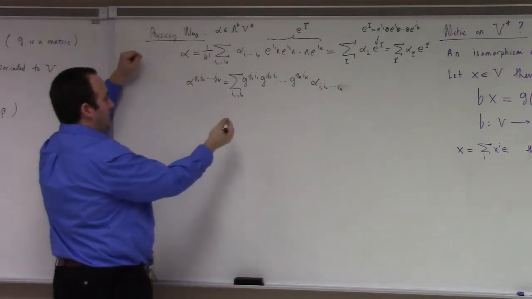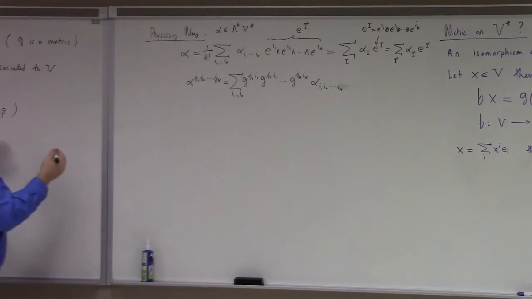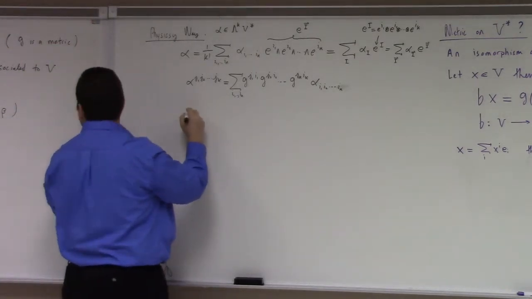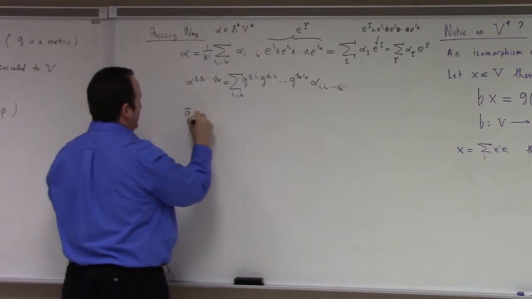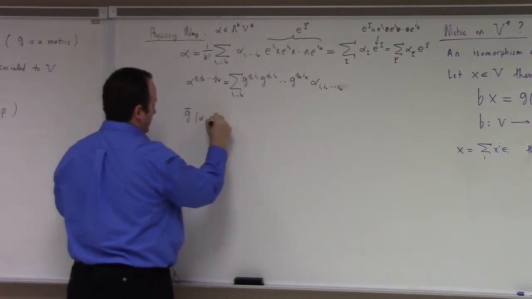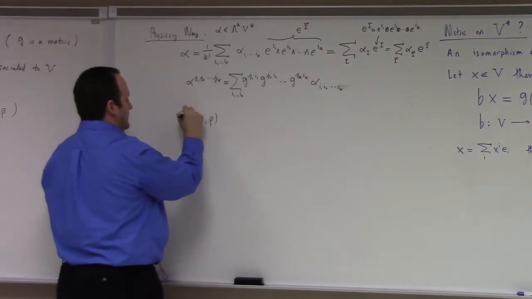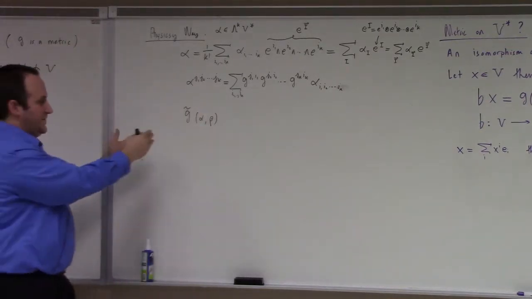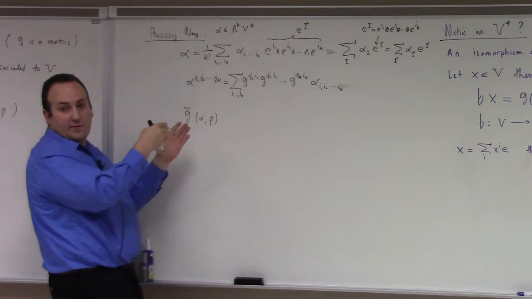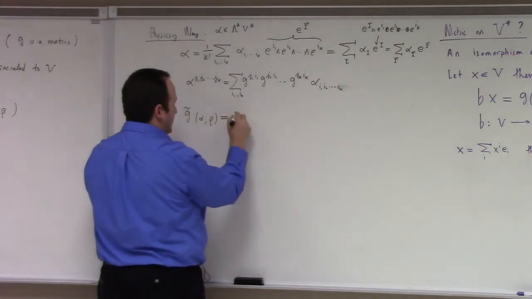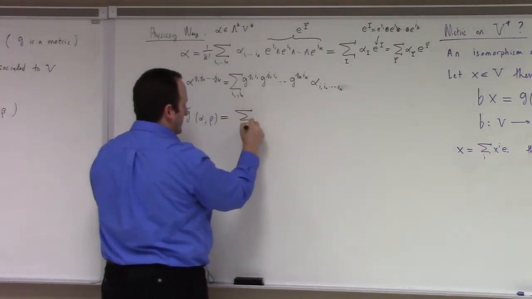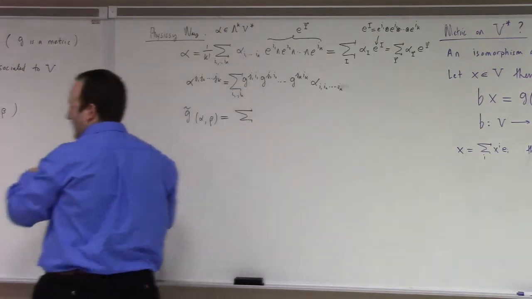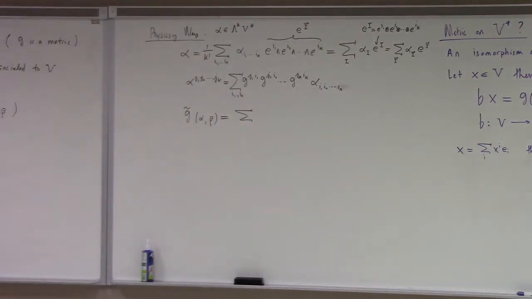And then, if I wanted to define the inner product between two such things, and I'm still using g tilde, maybe I should say g tilde k here, for alpha and beta being two such k-forms, the definition would be the sum over, and now I have to worry about a normalization.